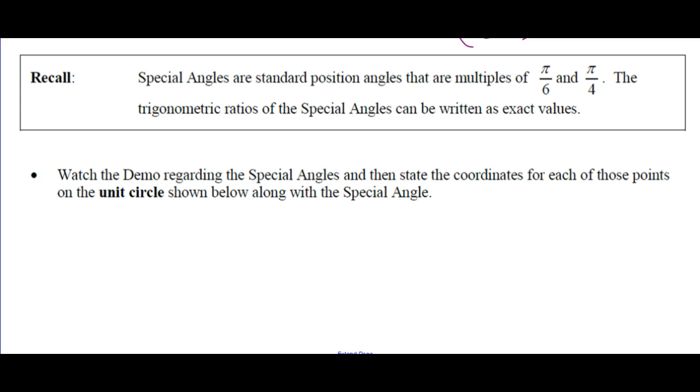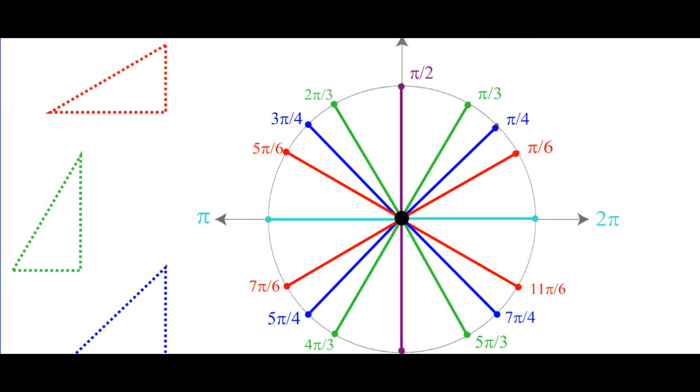Okay. So we have the special angles somewhere, right? Just hang on, let me pause this. You can look through. Okay, so the red has an angle of pi over 6, and the green has an angle of pi over 3, and the blue has an angle of pi over 4. Now, we're talking the unit circle, right?